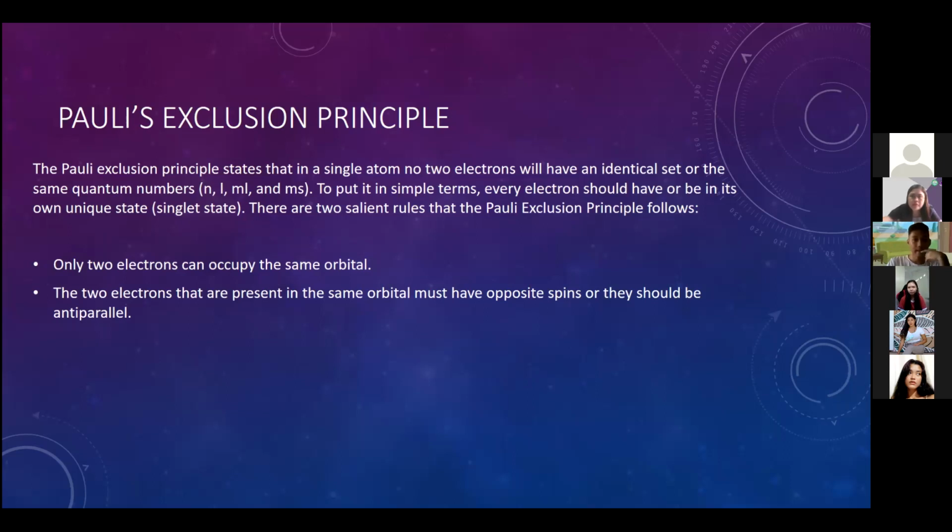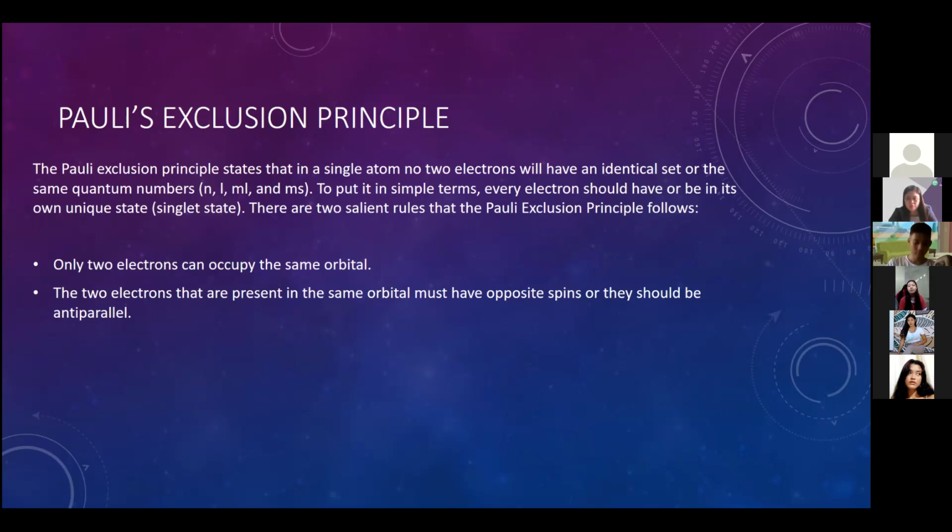To put it in simple terms, every electron should be in its own unique state.